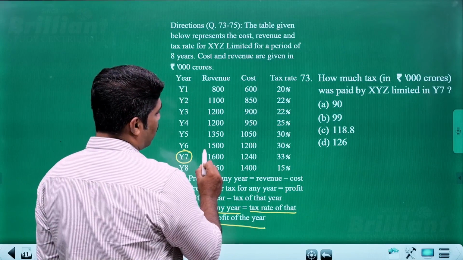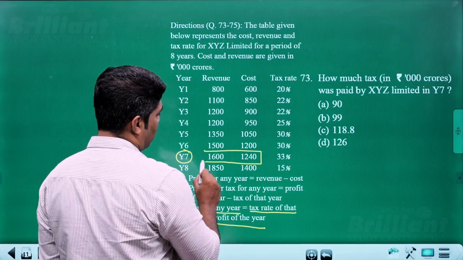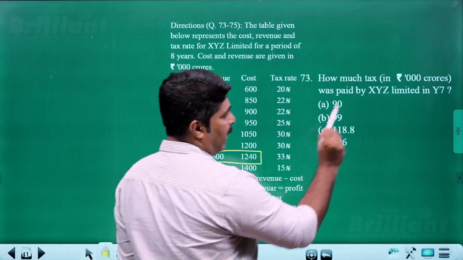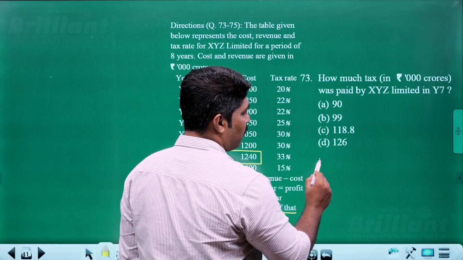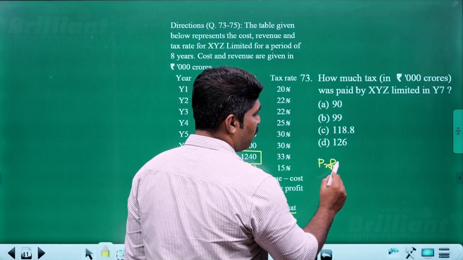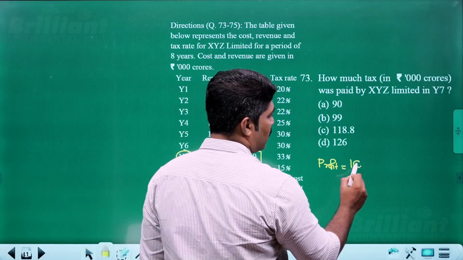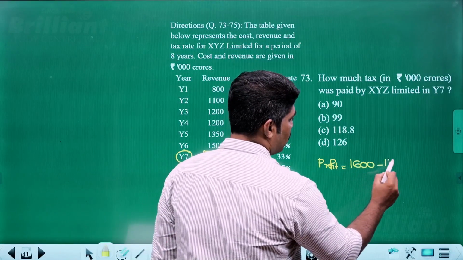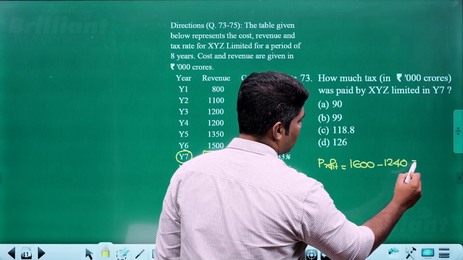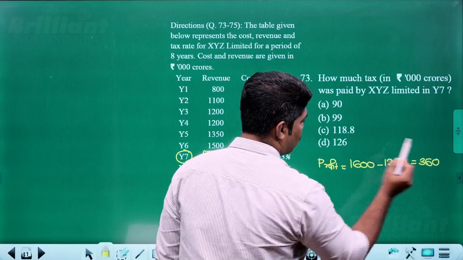Here we have to consider the profit. What is the profit in Y7? That is the difference between these two values, equal to 1,600 minus 1,240, which is equal to 360.